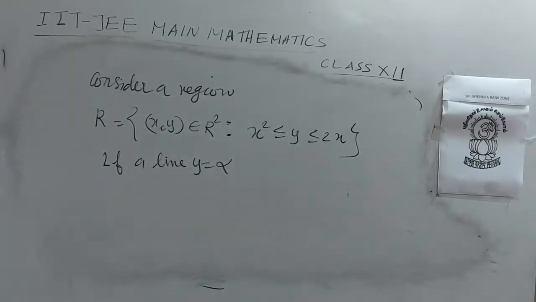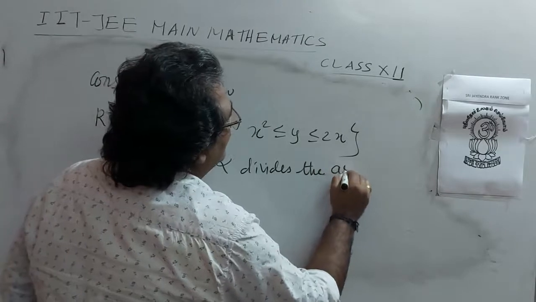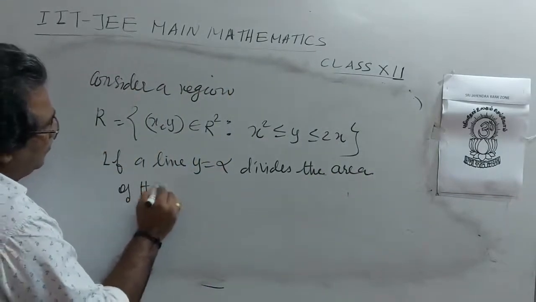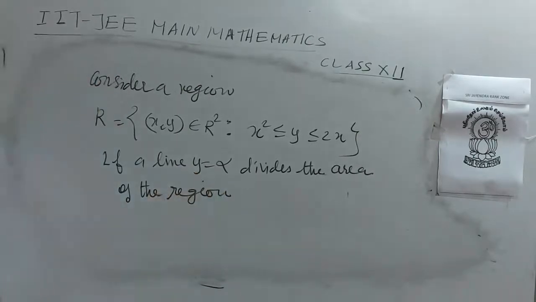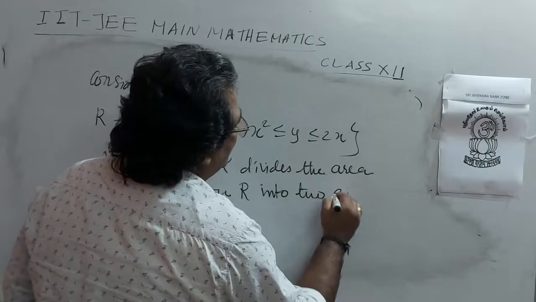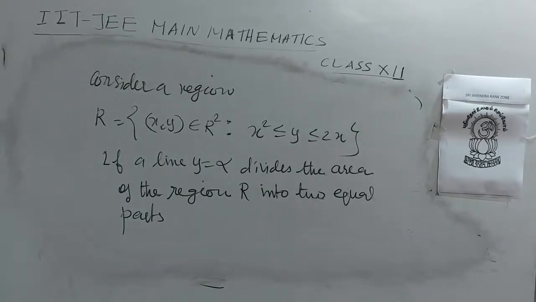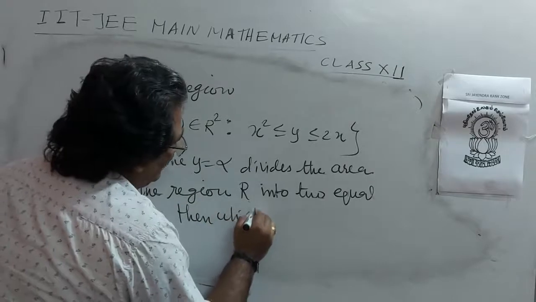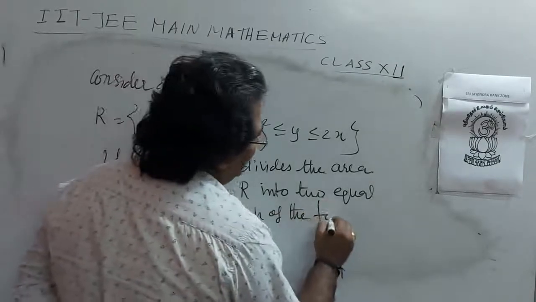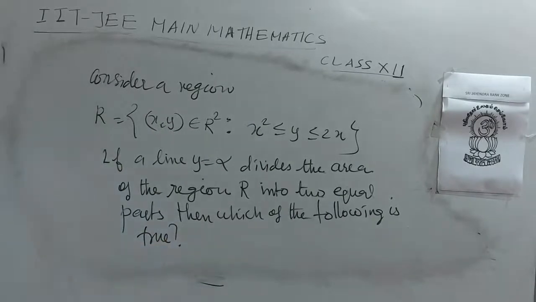If a line y = alpha divides the area of the region into two equal parts, then which of the following is true?